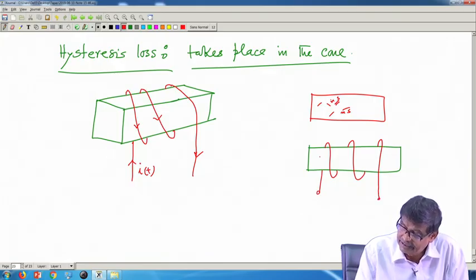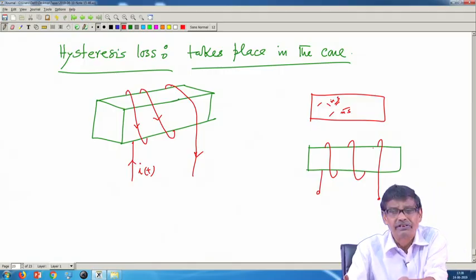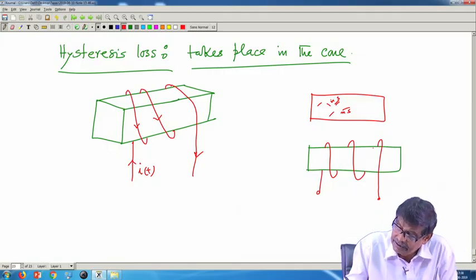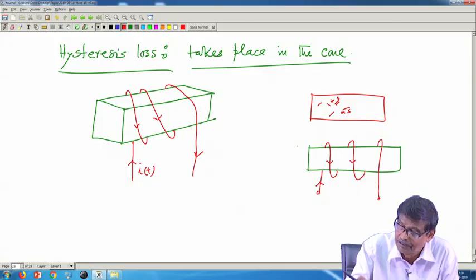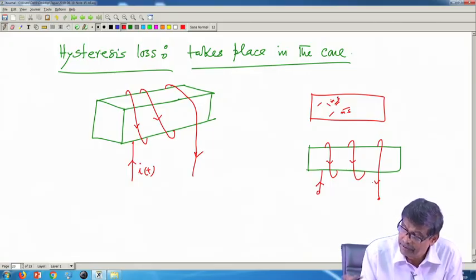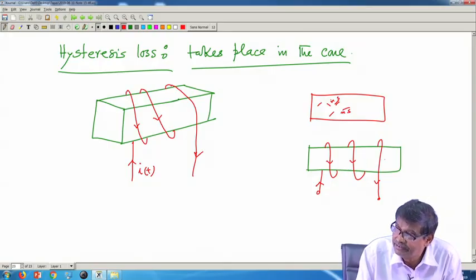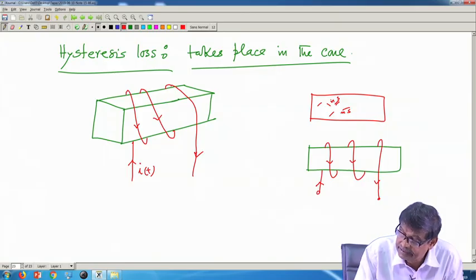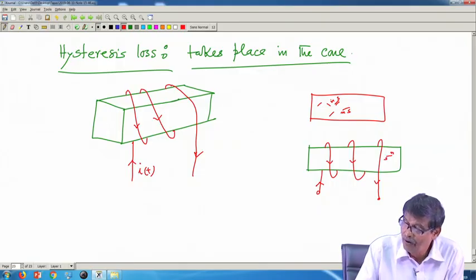Inside this there are tiny magnets which are haphazardly oriented and we do not see any magnetism in it. But if you pass some DC current to this iron bar, that is how I make permanent magnets, you know. You have applied H along this, and each tiny magnet will try to align itself along NS.